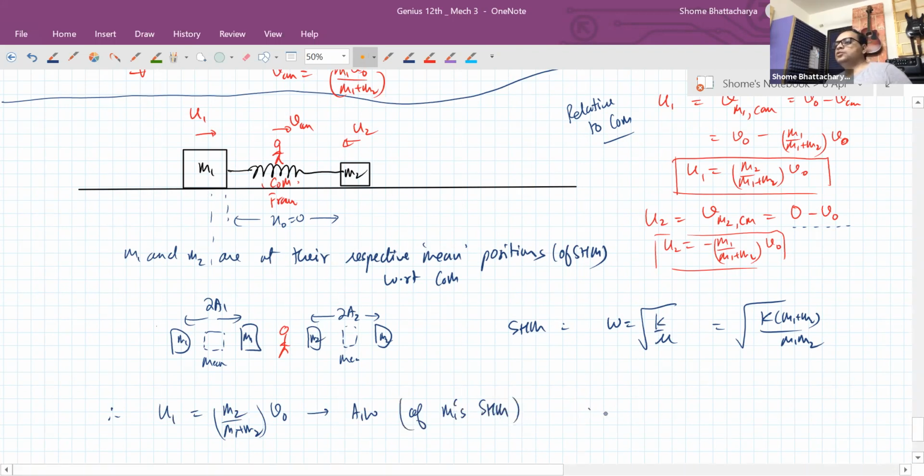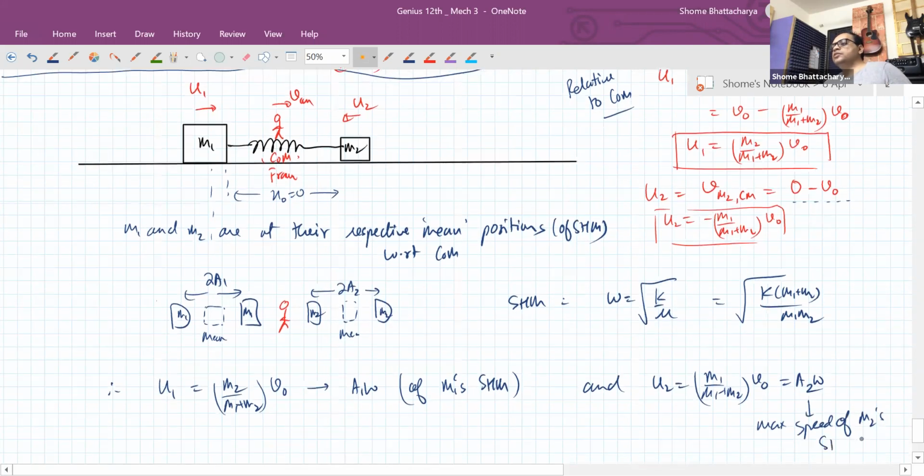Okay, and u2 magnitude wise, which we got as m1 upon m1 plus m2 v naught, this is equal to A2 omega. This is the maximum speed of M2's SHM with respect to CM.